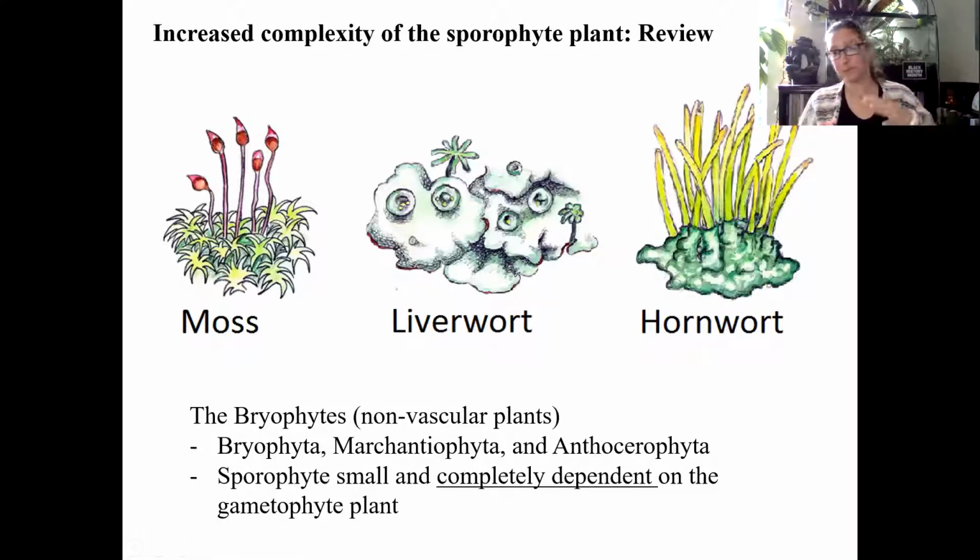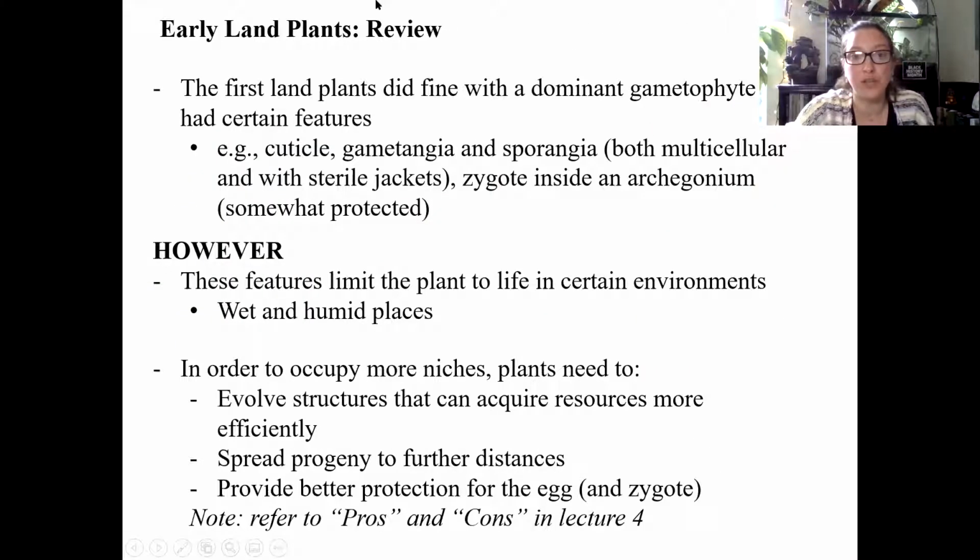All right, so we're on land. We have non-vascular plants. They have the gametophyte generation dominant, right? And over time, these are the things we want to achieve if we're going to occupy many niches, right?